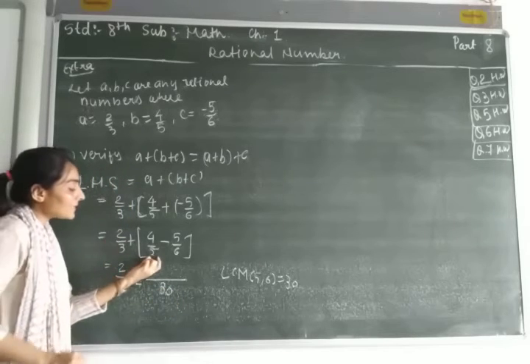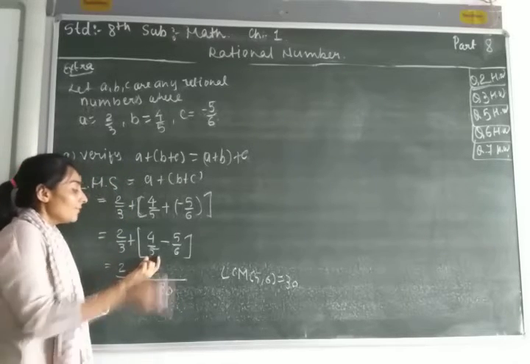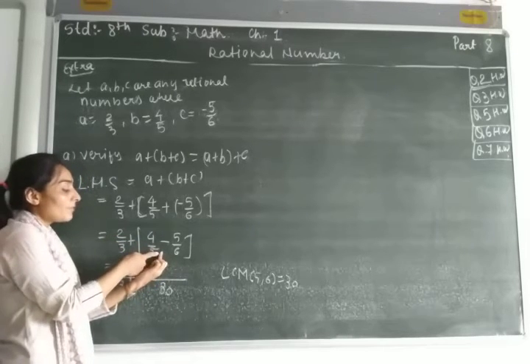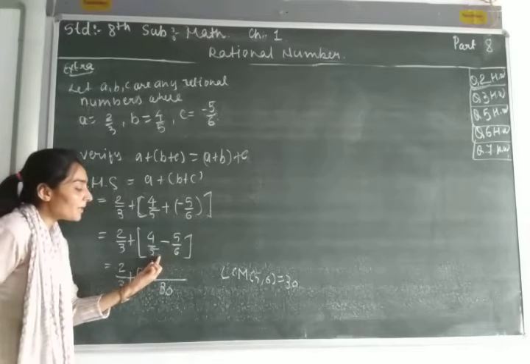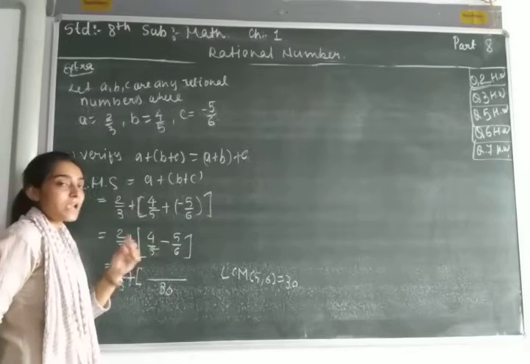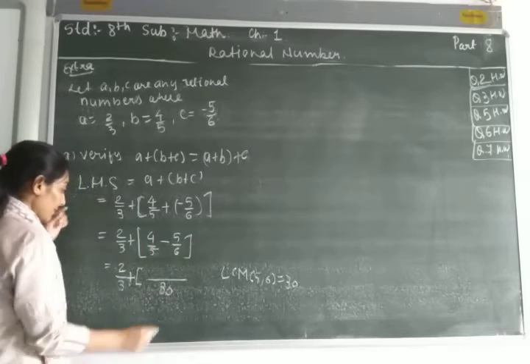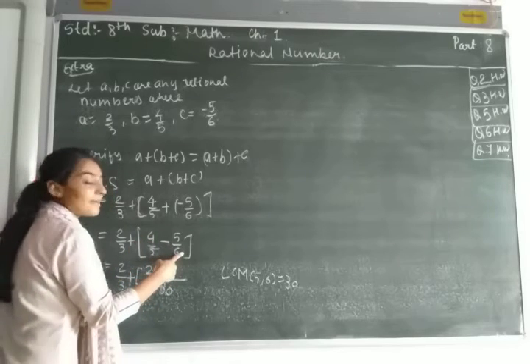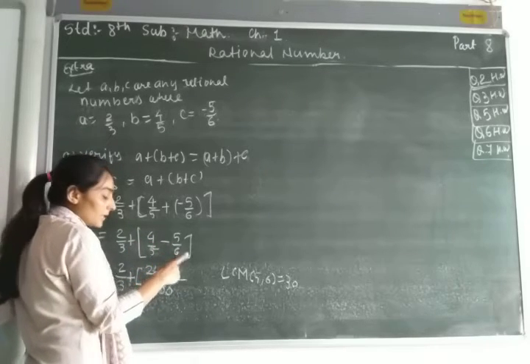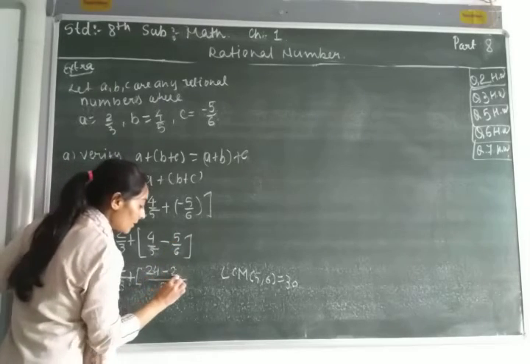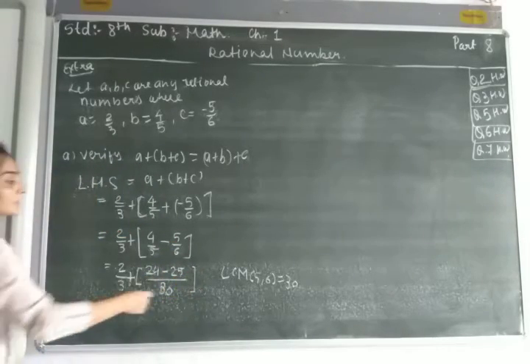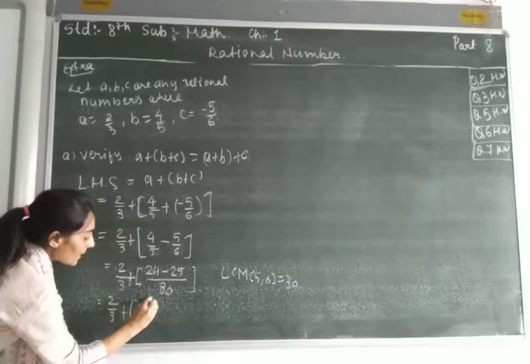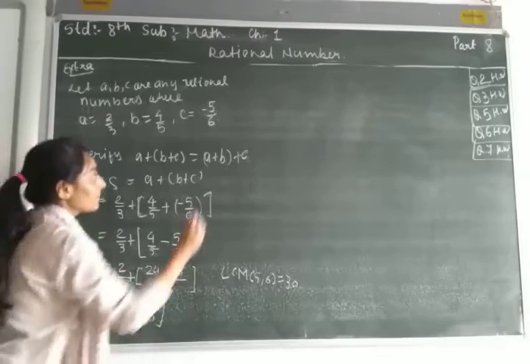To make this denominator 30, we multiply 5 with 6, and we have to multiply the numerator by the same digit, so 24. Over here, 6 by 6, we multiply by 5, because 6 fives are 30, so 25. Because I have taken the LCM 30. Now 2 by 3 plus, I am getting minus 1 upon 30.